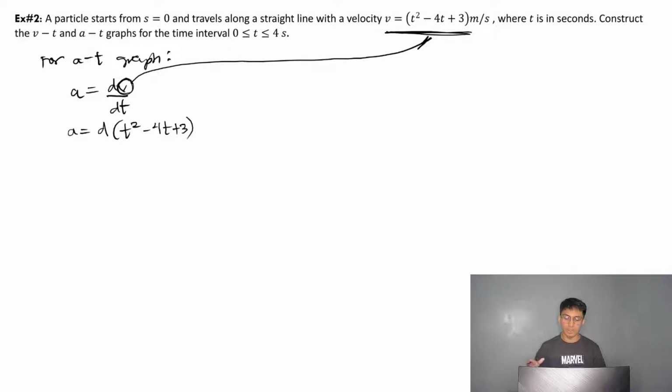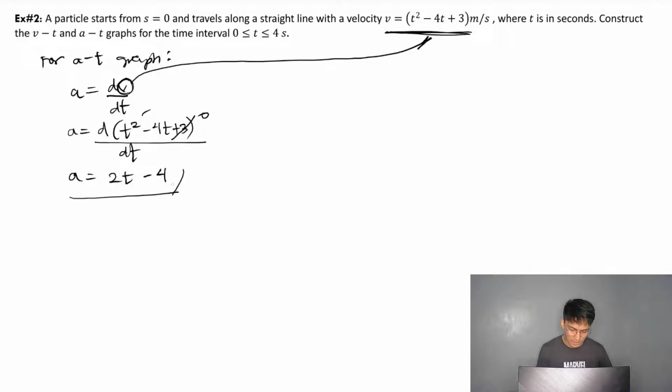Now, given the equation of the velocity, isosolve natin yung value ng acceleration over dt. Acceleration now is equal to, we have 2t para dito, and minus 4 na lang, and this is 0 na. So, ito yung value ng ating acceleration in terms of time.